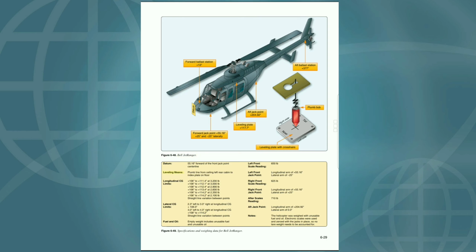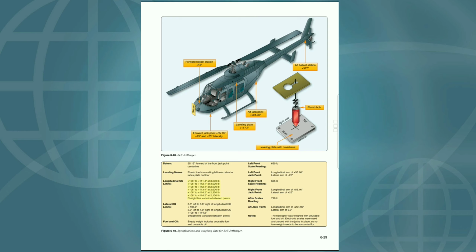Datum. Leveling means longitudinal CG limits, lateral CG limits. Fuel and oil, 55.16. Forward of the front jack point center line. Plumb line from ceiling left rear cabin to index plate on floor. Plus 106 to plus 111.4 at 3,200 pounds. Plus 106 to plus 112.1 at 3,000 pounds.